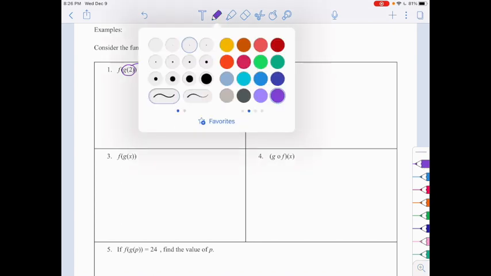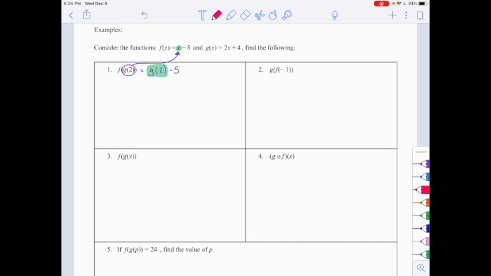And now to simplify this, I need to find out what g of 2 is. So g of 2 is going to be 2 times 2 plus 4, because g of x was 2x plus 4. So that's 4 plus 4, which is 8. So g of 2 was 8, and then I want to subtract 5, and I get 3. So f of g of 2 ended up being 3.